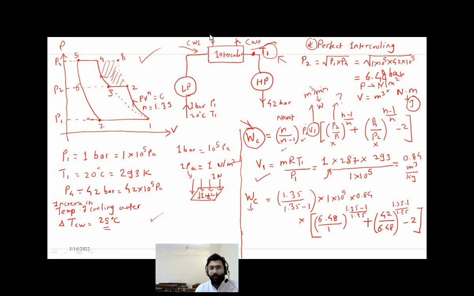Okay, 6.48. So how much is the indicated power?